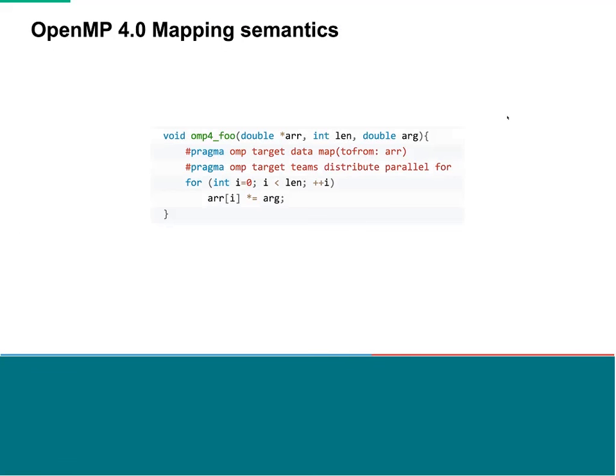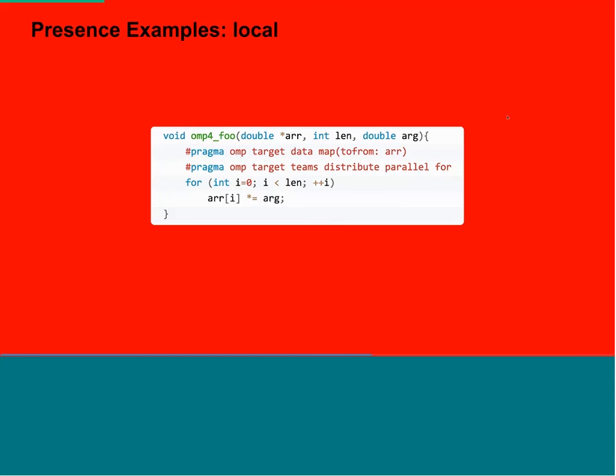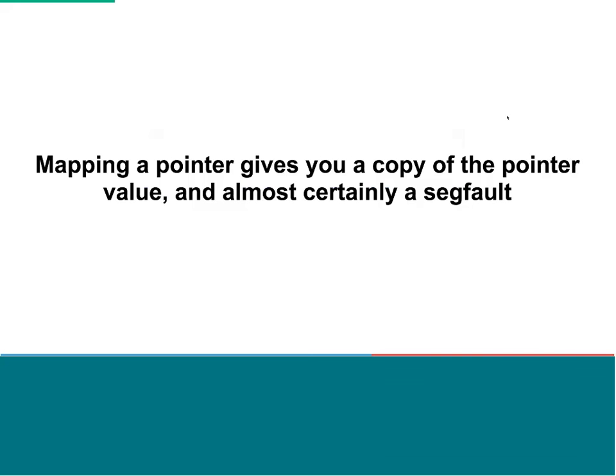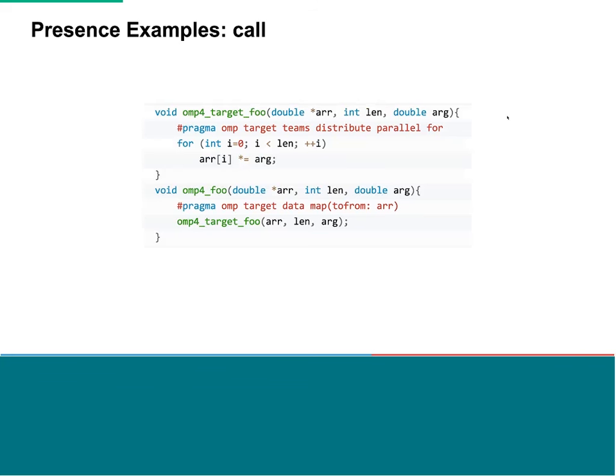And as a result of these, examples like this, where you have a target data map of an array and then attempt to use it on the following line without naming it, this actually is an error in OpenMP 4.0. Because it gives you a copy of the pointer value, you probably got a seg fault with that.